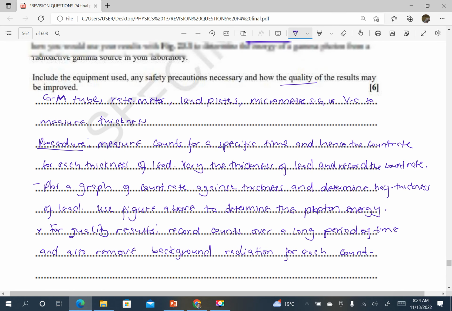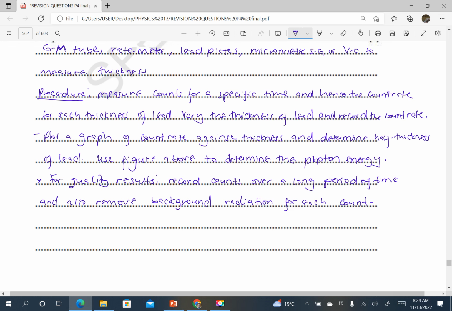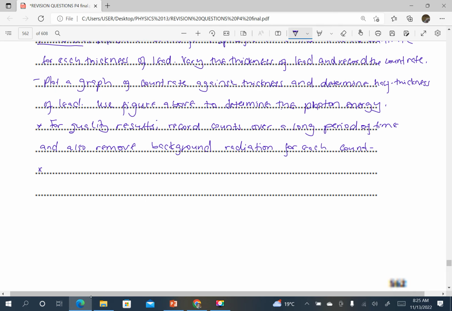Then how about for safety? Because you may also want safety precautions. For safety, because remember you are dealing with radioactive substances, do not point the source of radiation at any person.